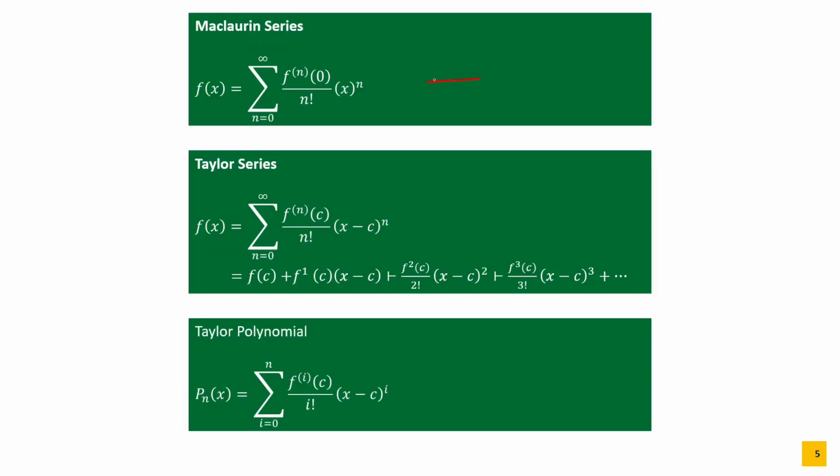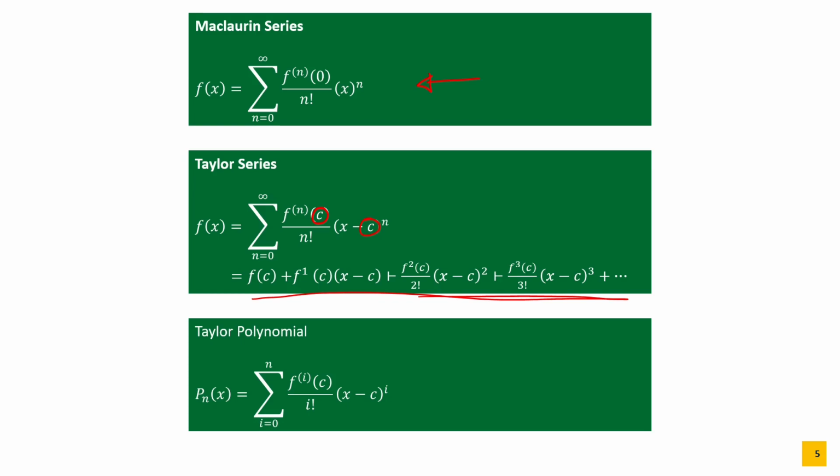We have the Maclaurin series, which is about x equal to 0. Then we have the Taylor series, and essentially where the 0 was, there's now a c. And again, it just gives you that long formula. And that's the series, and the series is an infinite series.